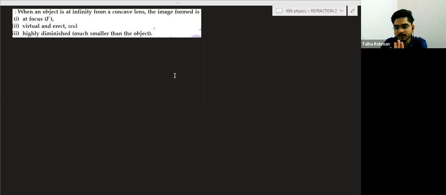The rules you have to remember, and accordingly you will draw the ray diagram.